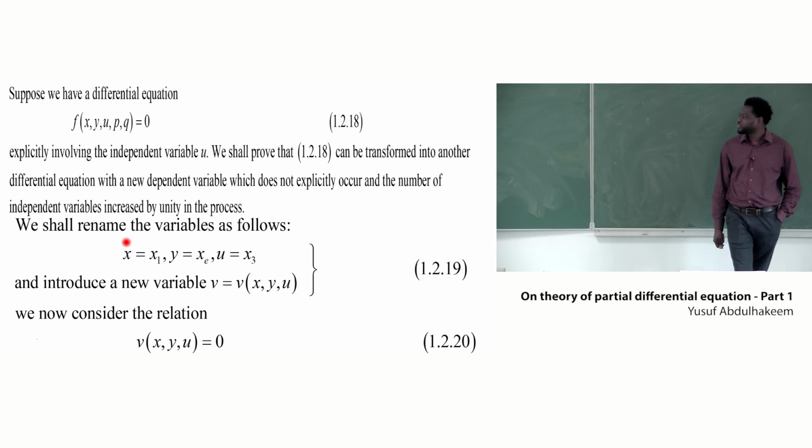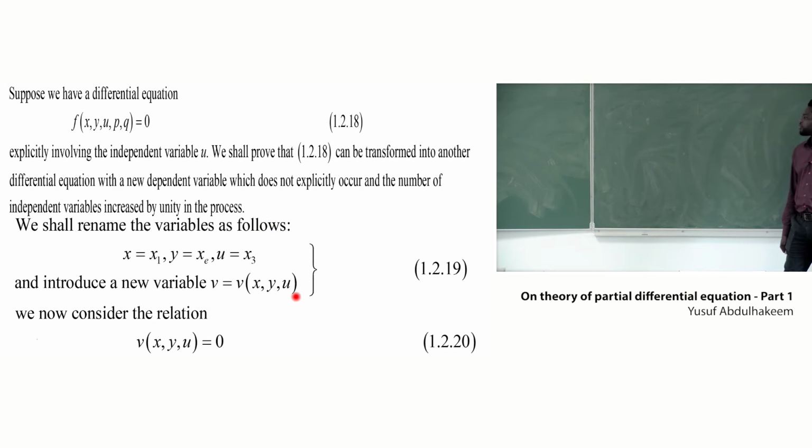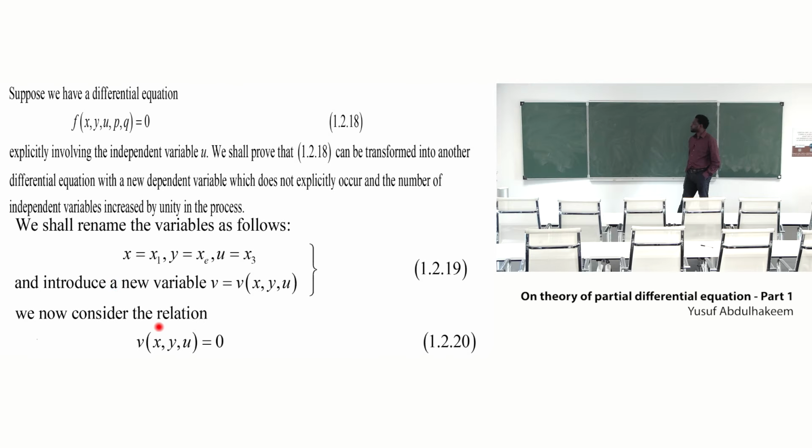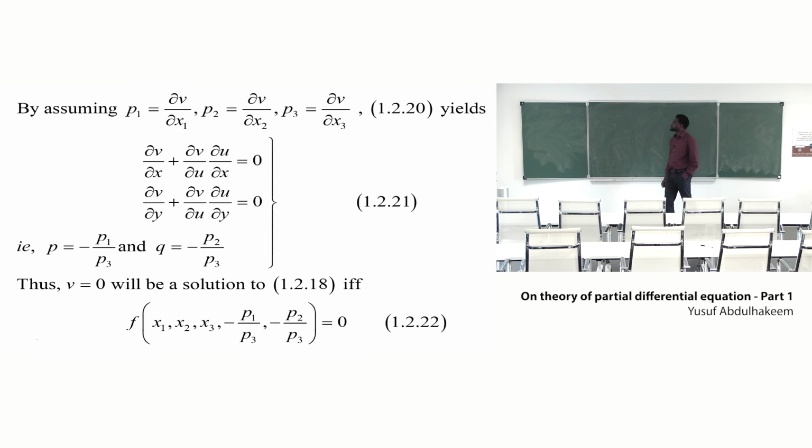And then we introduce a new variable v, which is equal to v of x, y, u. We now consider this relation, where v of x, y, u is equal to 0. Then by assuming P1 to be equal to this, P2 this, and P3 this, we yield this differential equation.